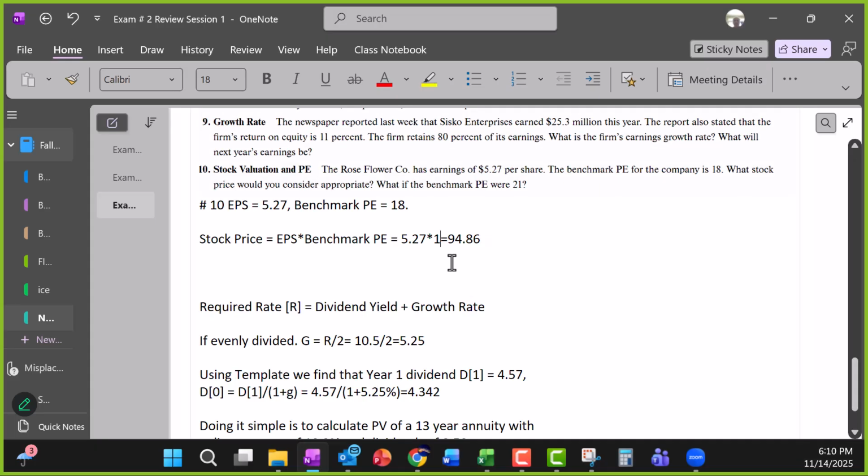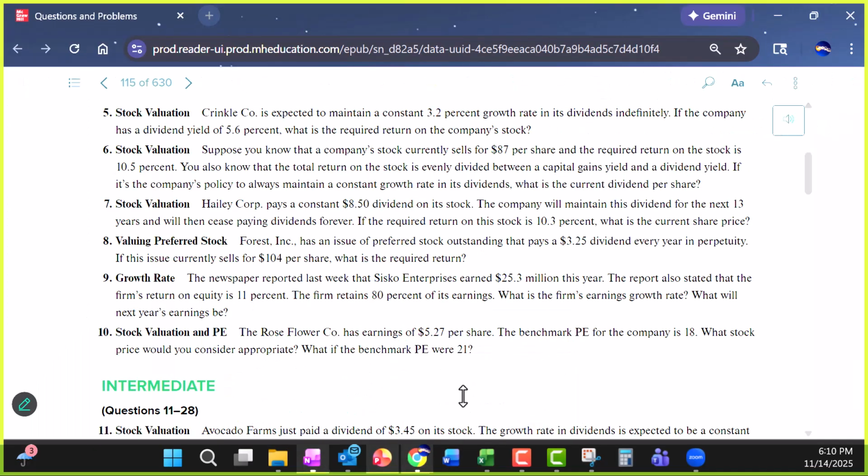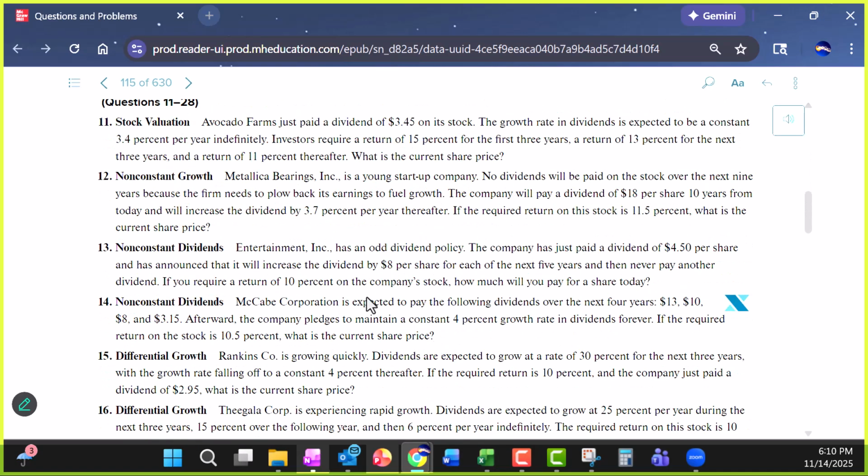Well, if it is 21, of course, it's going to give you a little bit higher. So the higher the benchmark PE, the higher the price appropriate for the company. Okay. I'm not going to do that because I want to ask something like that.